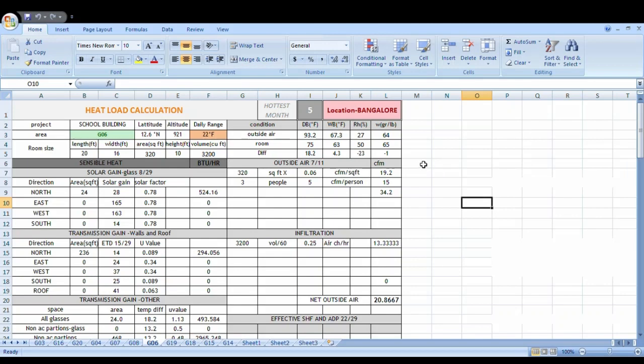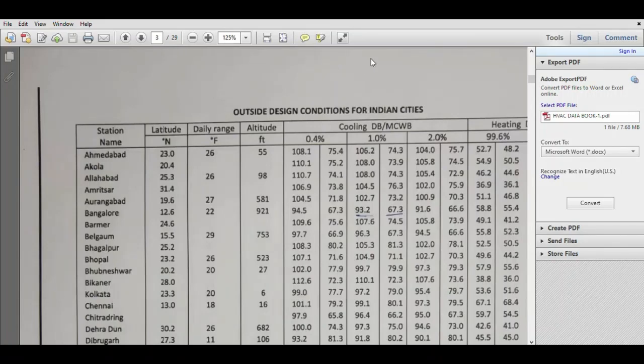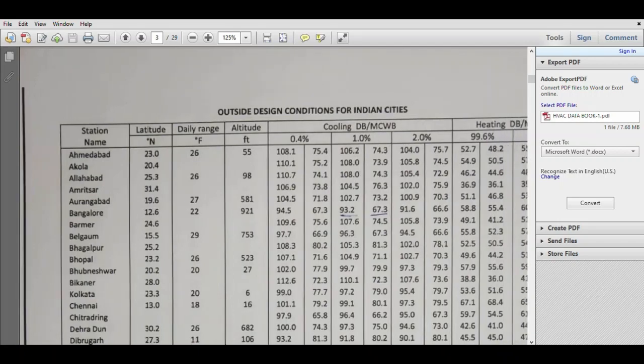Now I will show you how to take latitude, altitude and daily range values from the design data book. This is the outside design condition for Indian cities. So our location is Bangalore.